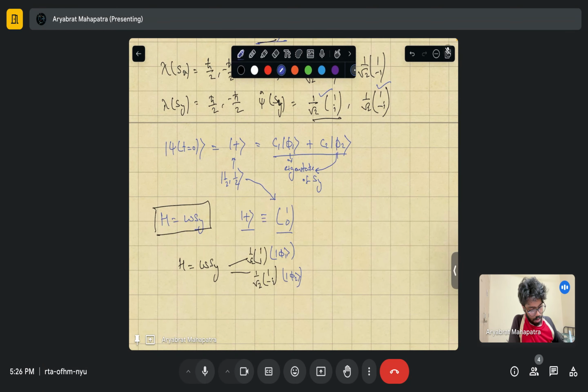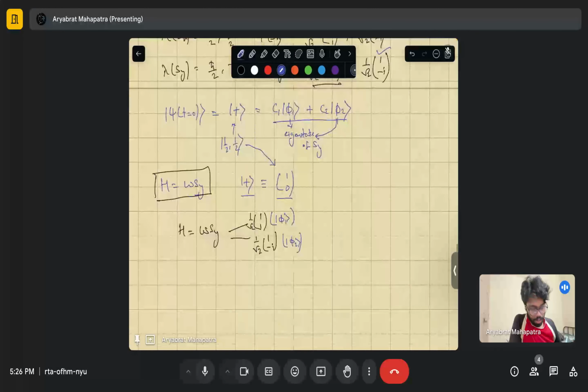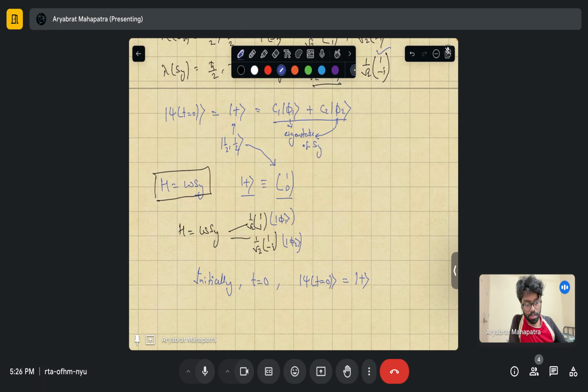So this is the eigenstate of your Hamiltonian, but in the question it is given that initially, that is t equal to 0, your system is in this state. Psi t equals 0 is the plus state, and the plus state is your 1 0 state, which I have shown here, is the eigenstate of Sz, not Sy, remember.